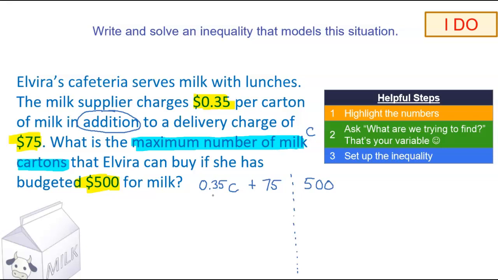So we know that she can't spend more than $500, right? So if this is how much she's spending, it has to be less than or equal to $500. So that's how we get the inequality. It's less than or equal to.